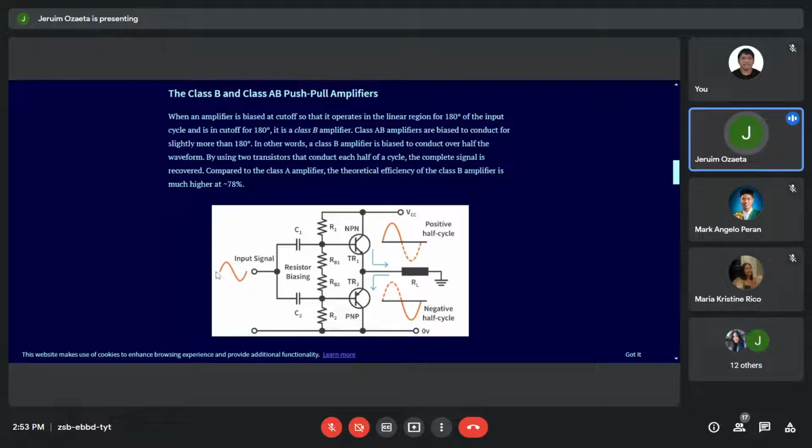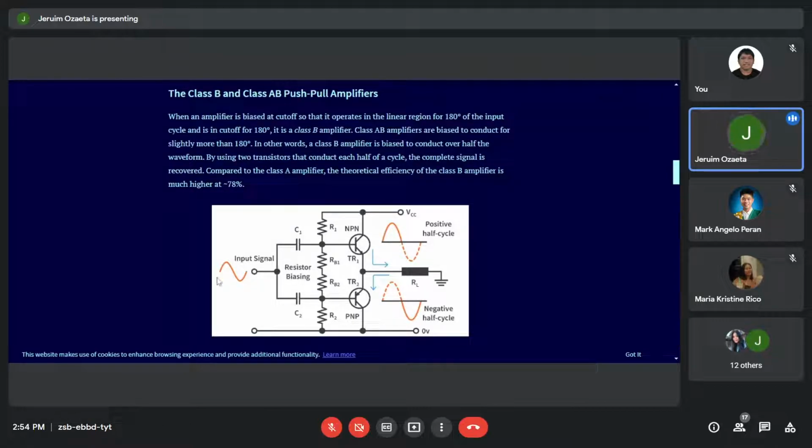Diba? When this is positive and that is negative, there will be no conduction. So by the positive value of the input signal, transistor 2 will not conduct, but transistor 1 will conduct. So there is a positive value going on in the NPN transistor going up.